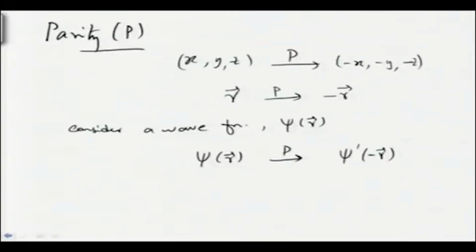Just before that, let us look at this in a little more detail. So, psi of r goes to psi prime of minus r under parity, and if the wave function is an eigenstate of the parity operation, then you know that the wave function itself will not be changed in its form, but it will just be multiplied by the eigenvalue of the operator.